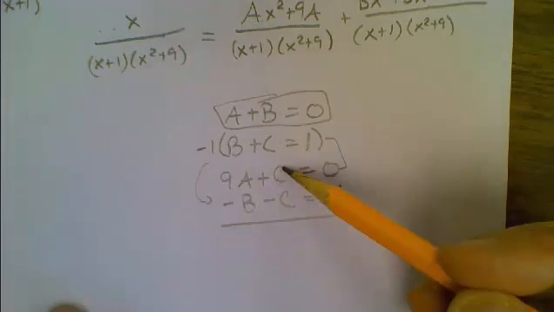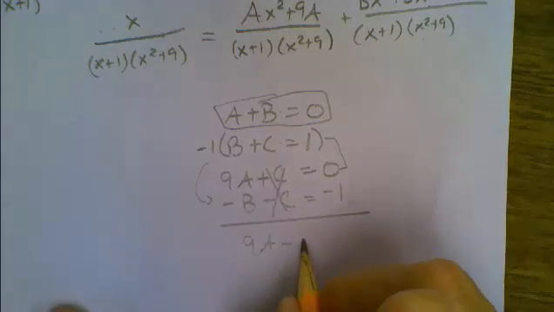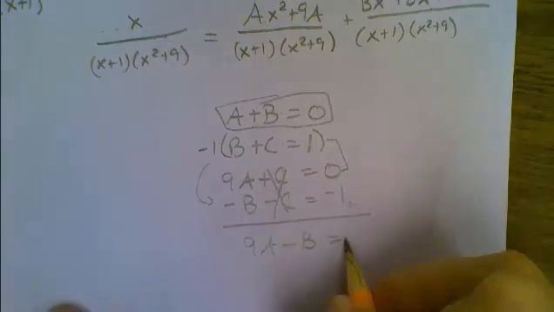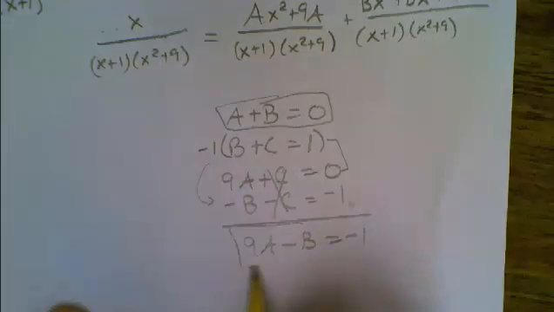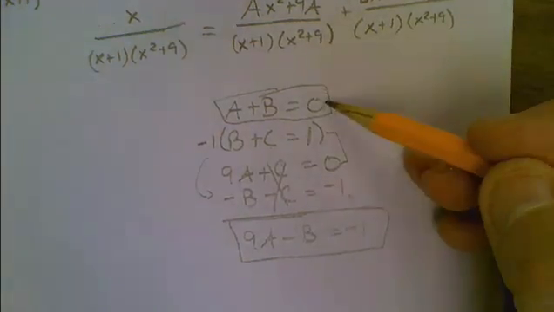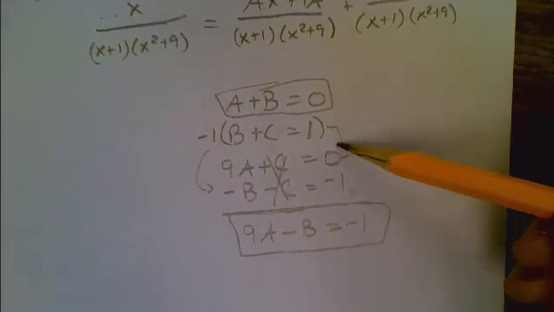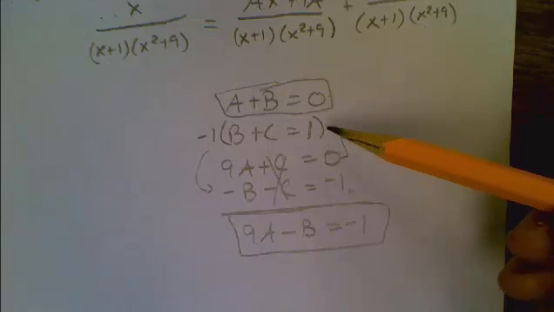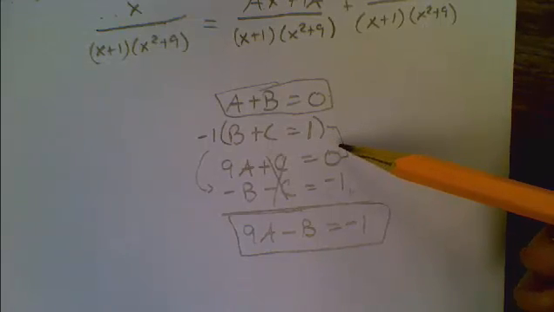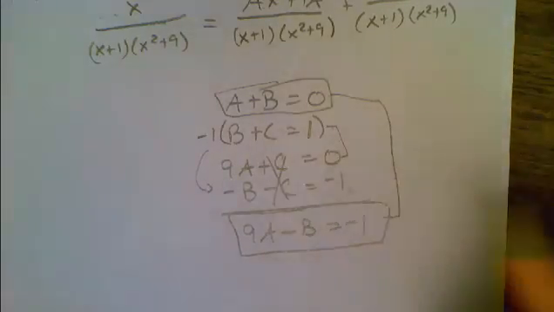And so now I see that, yep, the c's will be eliminated. I'm going to have 9a minus b equals -1. There's a second equation where I've eliminated the c. So the first one already was eliminated. That's why I picked that one. So then I decided if I wanted to eliminate the c's, I had to use those 2 and eliminate the c's. Now you're down to a system of 2 equations, 2 variables.